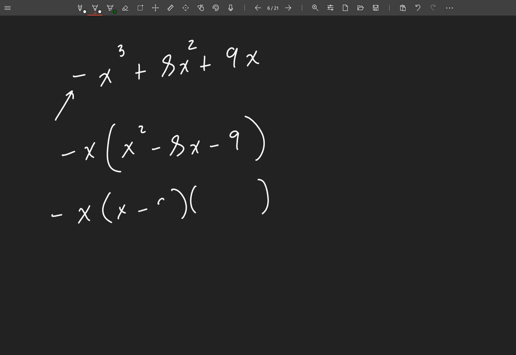Well, that's going to be negative 9 and positive 1, right? Negative 9 times 1 is negative 9. Negative 9 plus 1 is negative 8. All right. Now, again, this thing out here, the negative, is not going to affect the root, so it's just 0. And then I have 9, and I have negative 1. All right. That's how that works.